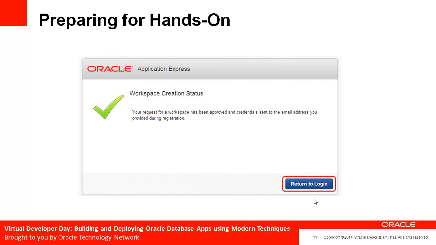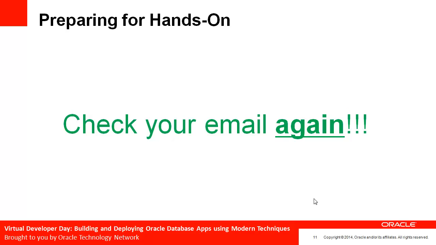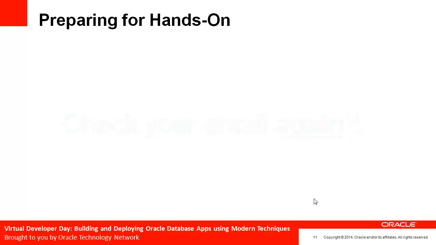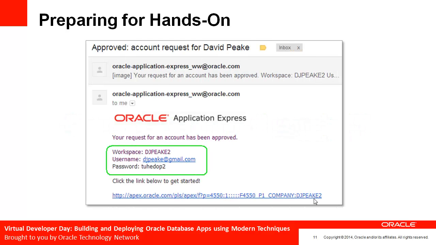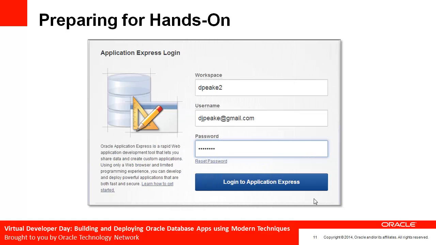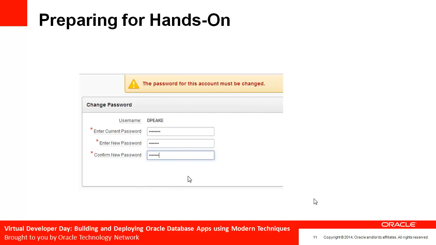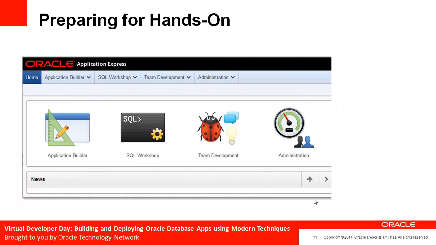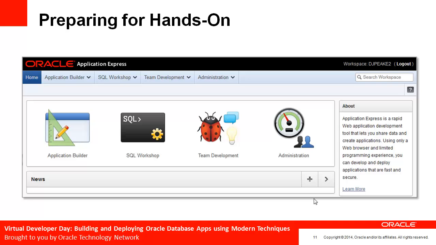Once that's created, just click on the return to login. You need to again check your email, and this time you'll be sent your user credentials. You need to know those to be able to log into Application Express. Once you log in for the first time, you need to change your password. Once you've done that, you're up and running with a full-blown development environment of Application Express running through your browser.